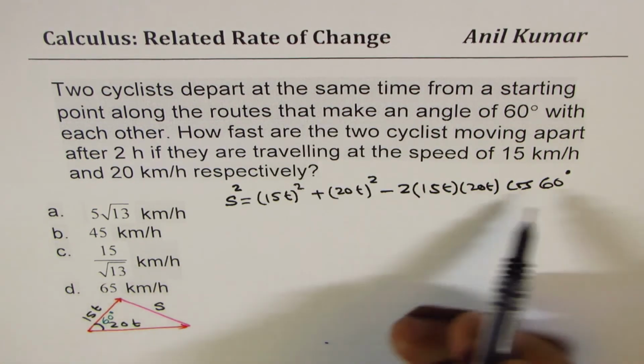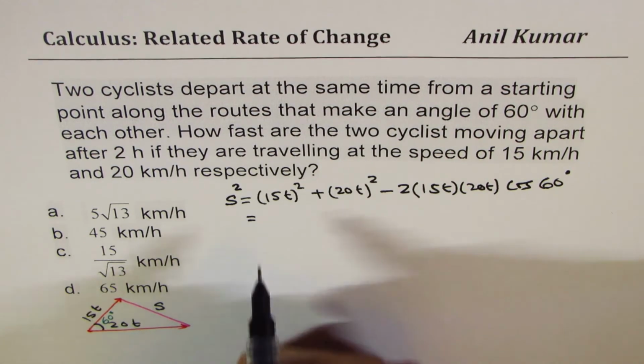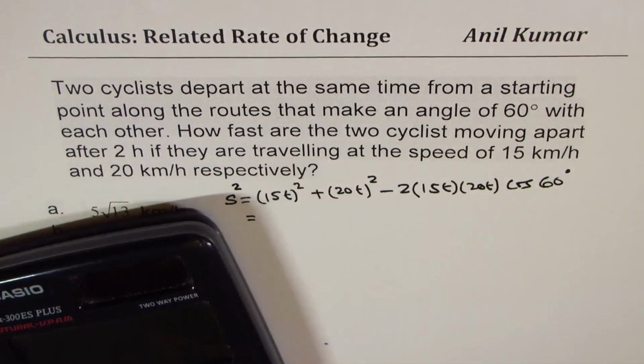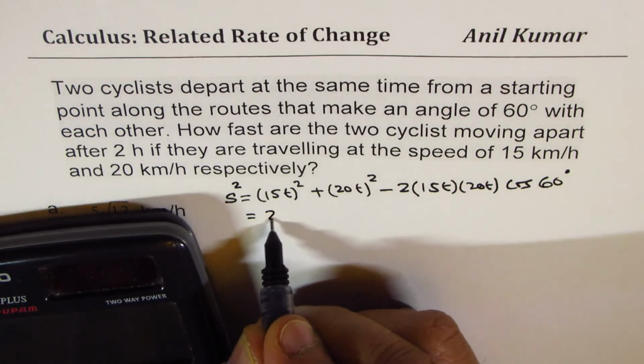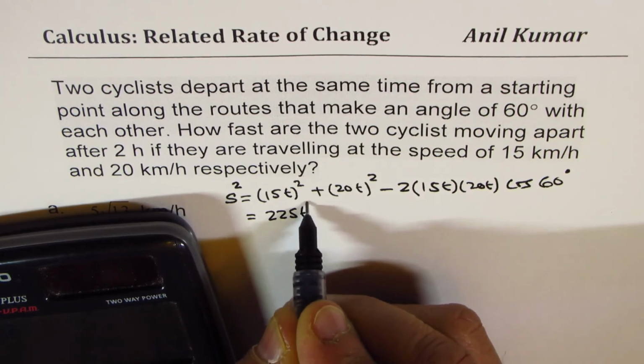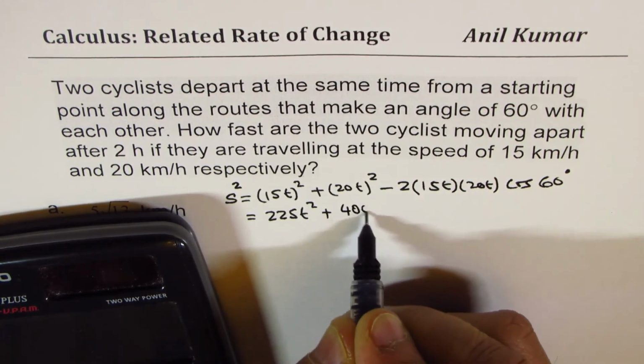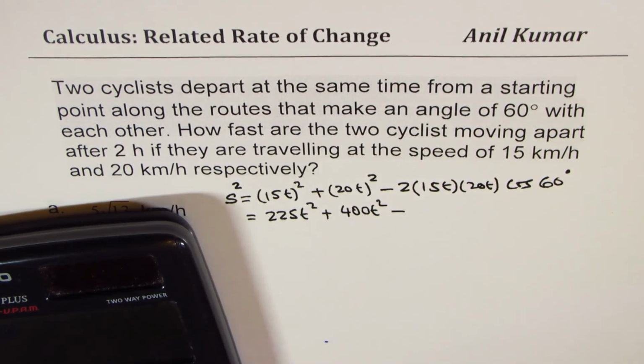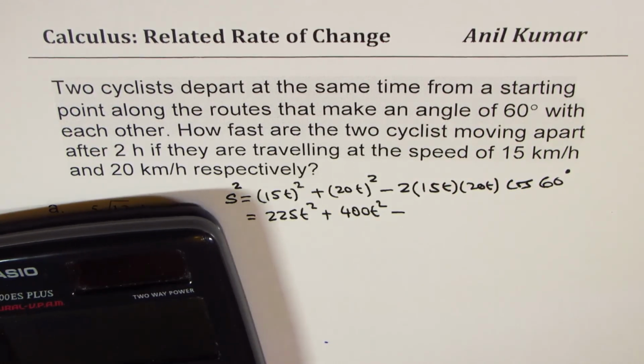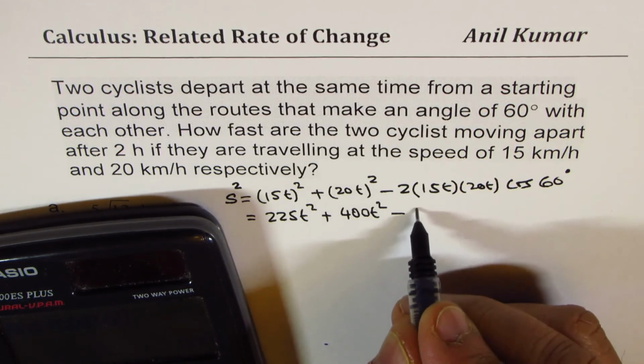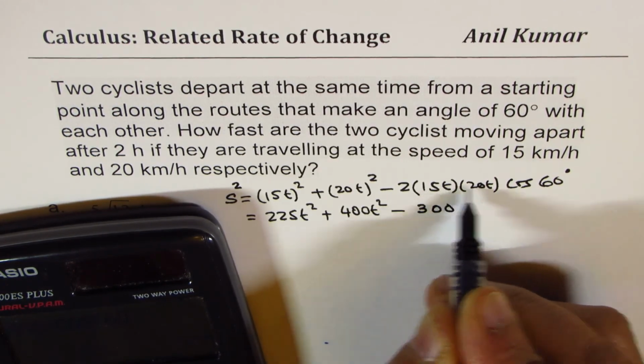Now we can actually calculate this out. So 15 square is equal to 225. So we have 225 t square plus 400 t square minus 2 times 15 times 20, 600 times cos 60. Cos 60 is half, so we get 300 t square, right?